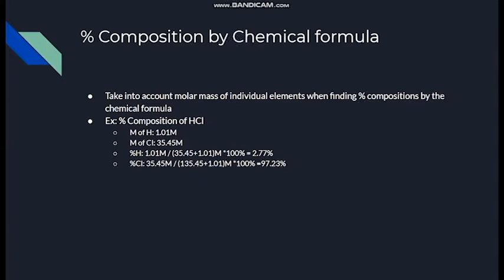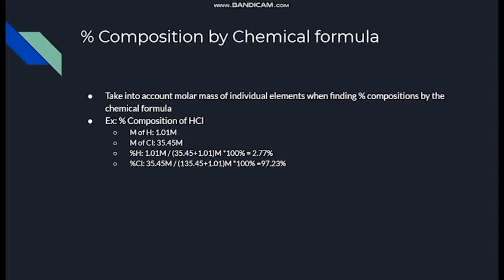So the percent composition of hydrogen in this compound is going to be 1.01, the molar mass of hydrogen, divided by the molar mass of the entire compound, which is 36.46, multiplied by 100%, to give us 2.77%. This is the percent composition of hydrogen within this compound.